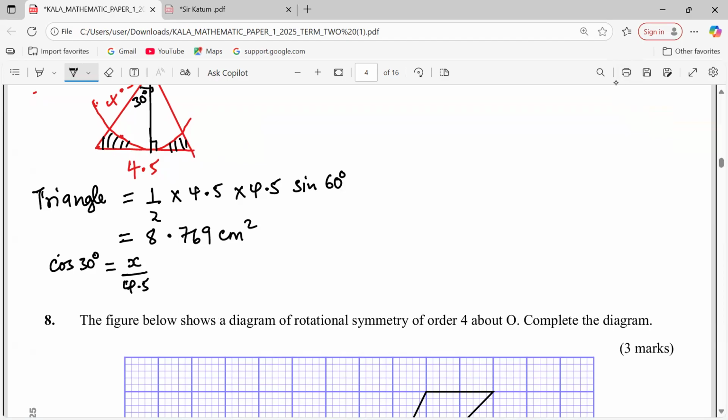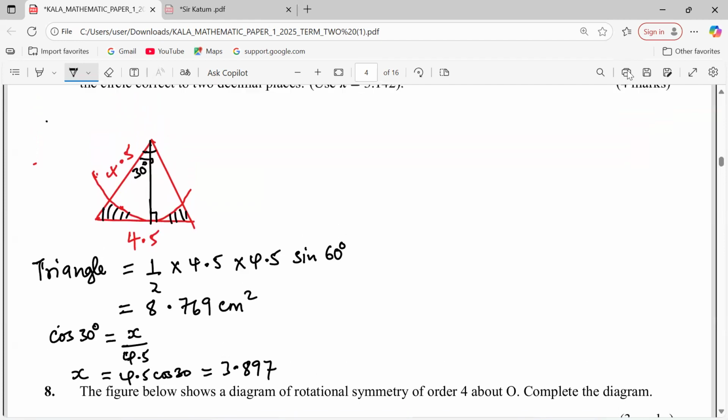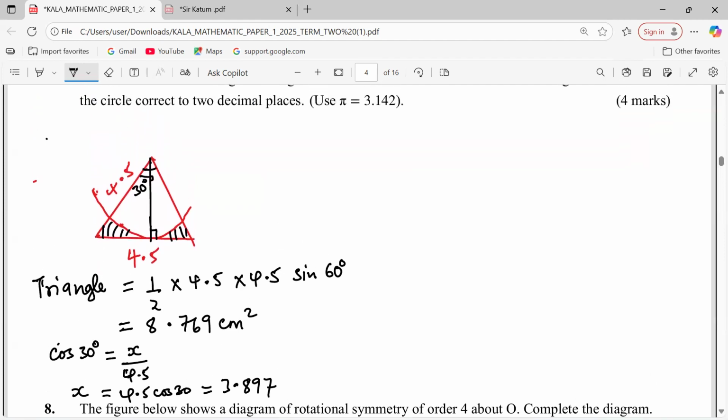So how do you remain with x? 4.5 cos 30. This gives us 3.897. That is now x, which is the radius for this particular circle.